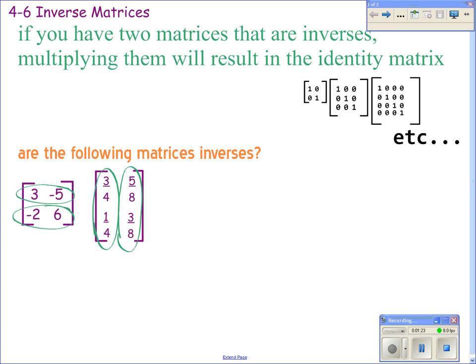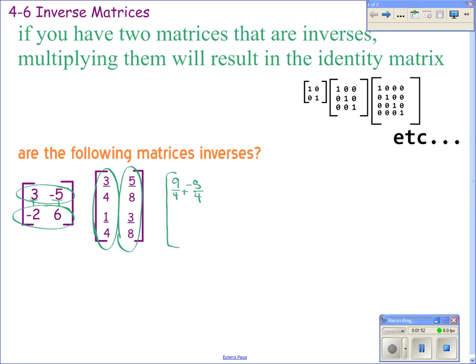Should be able to do this in our heads. 3 over 1. 3 times 3, 4 times 1. So we've got 9/4 plus what? Negative 5/4. Negative 5 over 1 times 1/4. Okay, so that's your first term. We're just going to show our work on this.